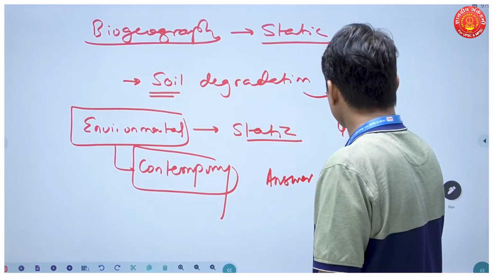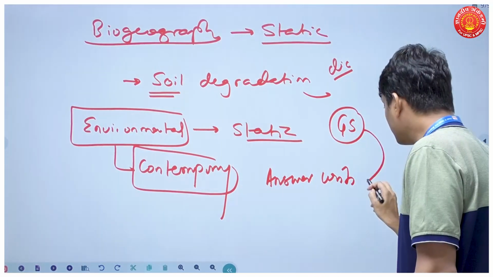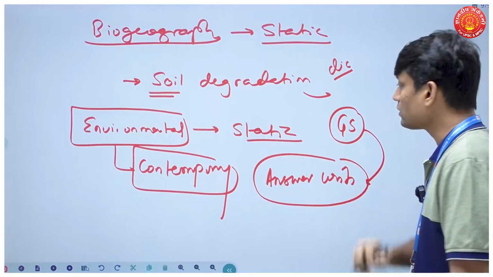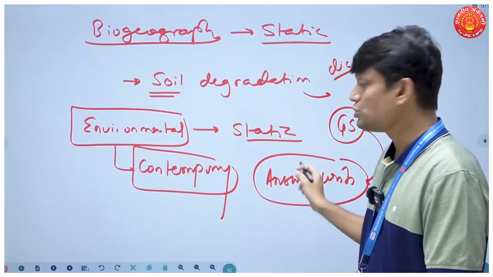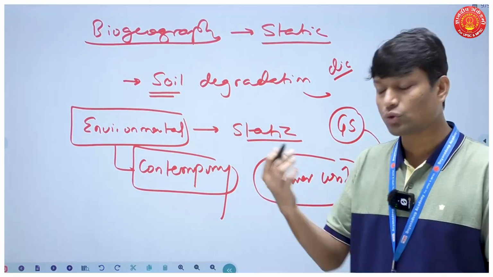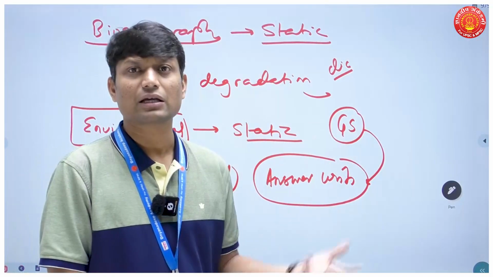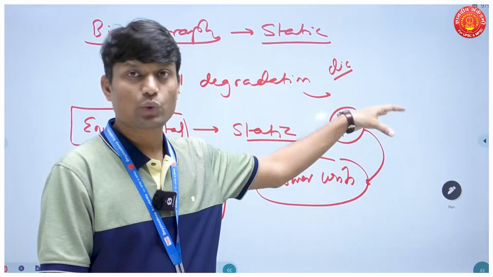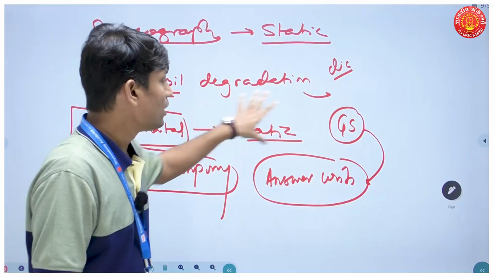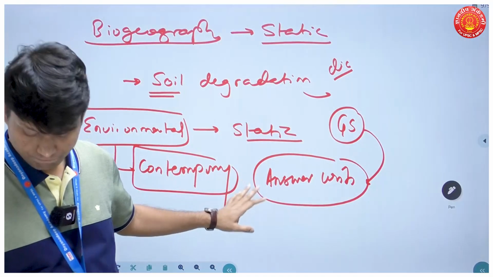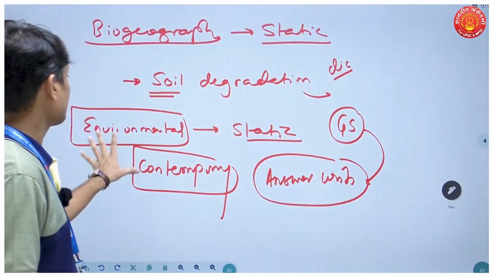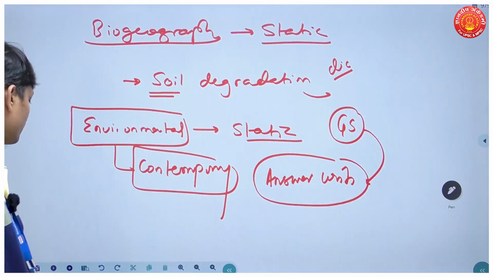So whatever you study in GS, bring that content and try to fit it into geography optional answers, right? You can follow our daily answer writing series, and in that series, time and again we are taking questions, and with the help of those questions we are trying to understand what answers should look like. Fine. So that is about environmental geography.